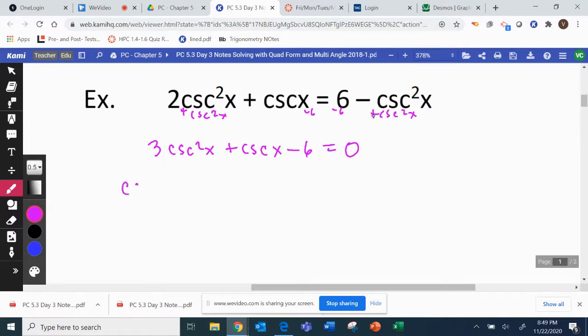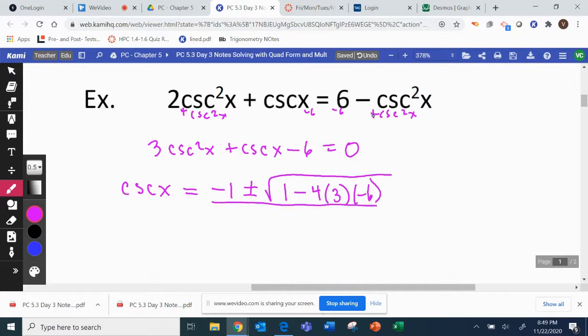So I will have cosecant x equals opposite b plus or minus square root b squared minus 4ac all over 2a.